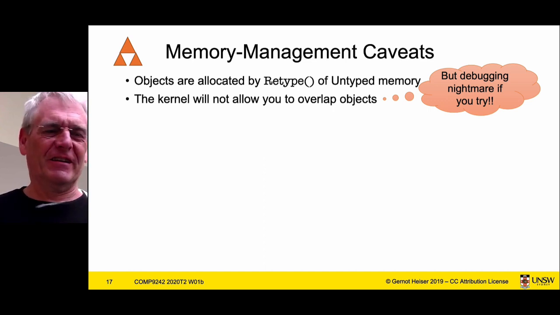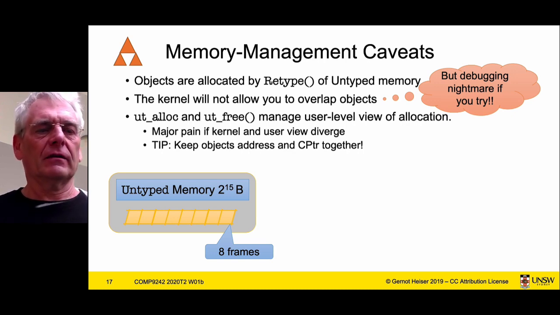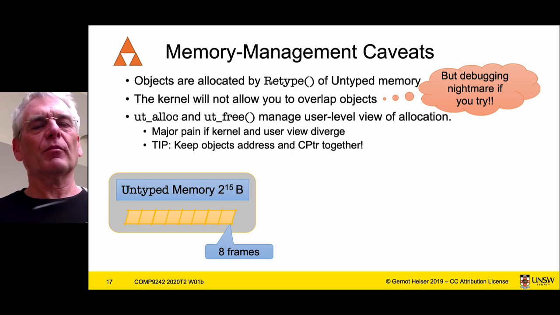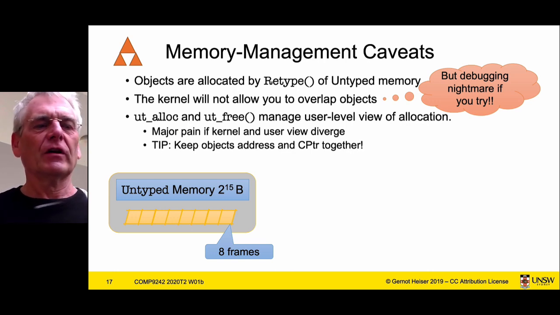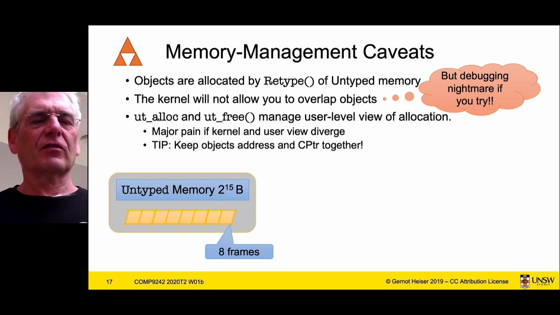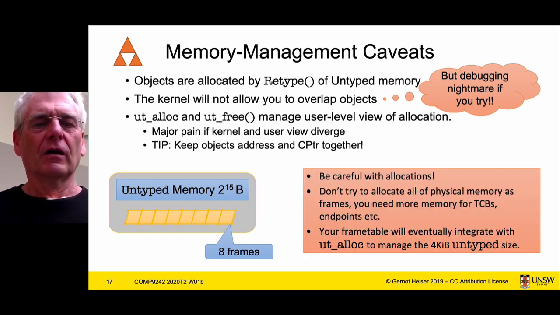So don't do it. Again, our libraries manage this mostly for you, but they present a user view which is not necessarily the same as the kernel view, and you really need to make sure that the two stay consistent, because otherwise you will have great fun debugging your operating system.